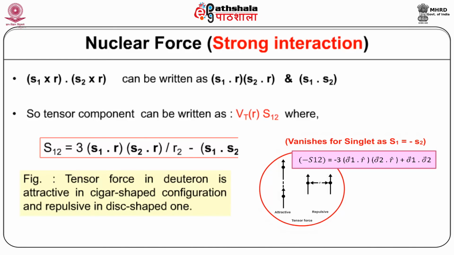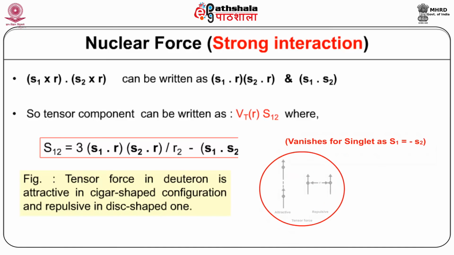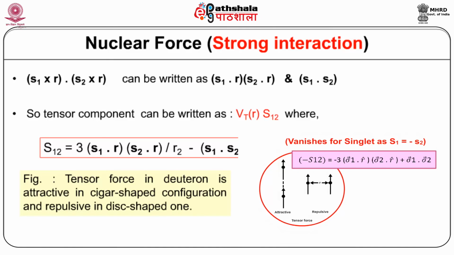Now here we can see that the tensor force is represented. The tensor force in deuteron is attractive in the cigar-shaped configuration and repulsive in the disc-shaped one. So there are two possibilities in deuteron for the spin of the proton and the spin of the neutron: one is called cigar-shaped, another is called disc-shaped.